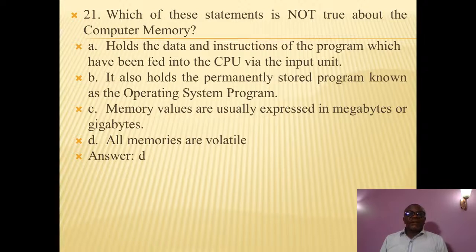We do not agree that all memories are volatile, because we said only RAM is volatile. ROMs are not volatile, and we agree that the ROM has the CMOS battery that supports it for a very long time.